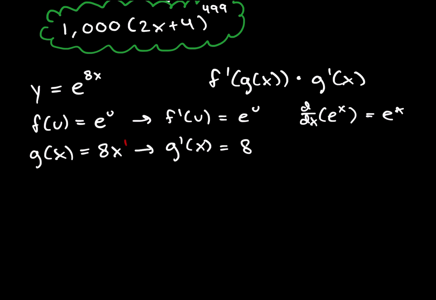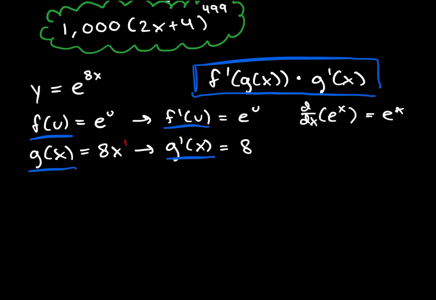So now that we have our f of u, g of x, f prime of u, and g prime of x, how will we put this into our equation? f prime of g of x times g prime of x. It's basically the same as last time, where we take our original equation, which was e to the u.